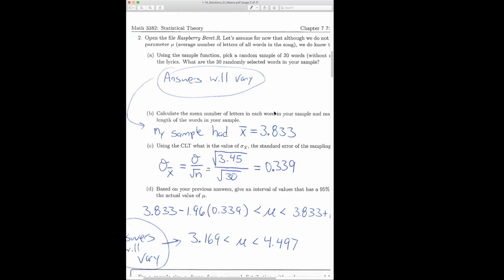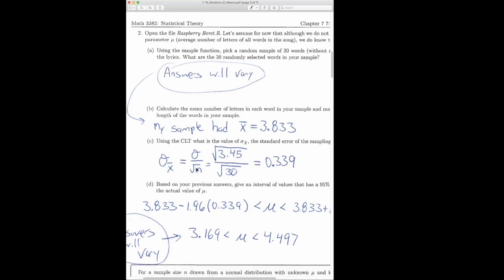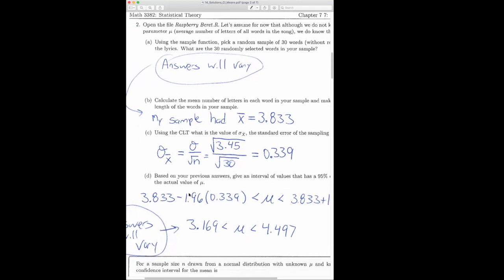But then I want to build in some error because we're all getting slightly different estimates, and we should account for that variability. That's what the standard error does. Remember, the standard error is the standard deviation over the square root of the sample size. Now I can use the fact that if I go 2 standard errors above and below my sample mean, that has a 95% chance of containing the population mean.